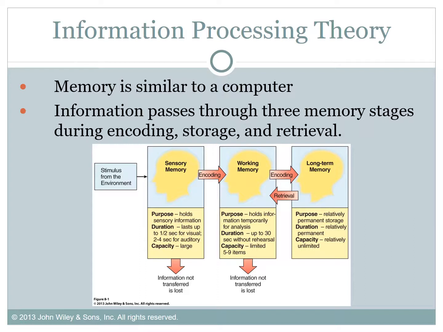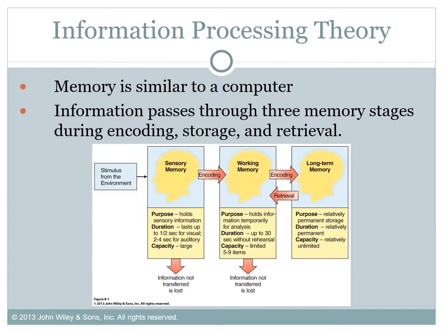This environmental stimulus is picked up by the sensory organs, eyes, ears, skin, taste buds, that sort of thing, and processed into sensory memory. Now, sensory memory is actually something that happens sort of before this information reaches your brain, and it stores a massive amount of information for an extremely limited period of time.